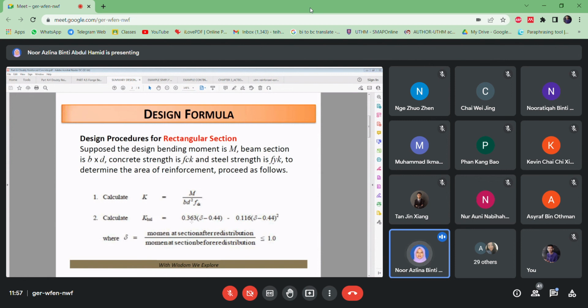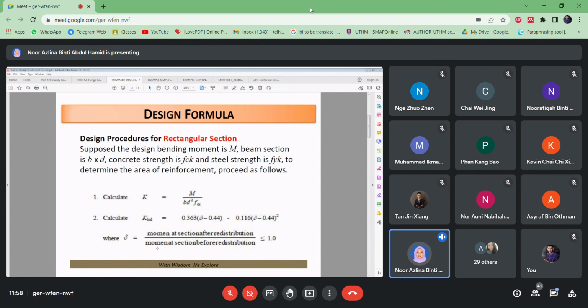So K balance is equal to this coefficient, and then ada delta kat sini. Delta here is actually the ratio between the moment after redistribution and before redistribution. Kan bila momen asal sebelum buat redistribution mungkin hundreds kilonewton meter.